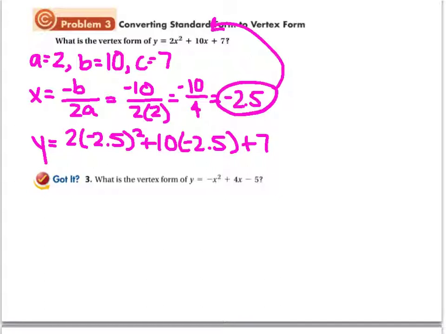I want you guys to enter this into the calculator and make sure you are getting the correct answer. You enter it exactly as you see it there. 2, parentheses, negative sign, 2.5. End the parentheses and then put a squared. Okay, so make sure you are typing this in so we all know that we can get the correct answer.